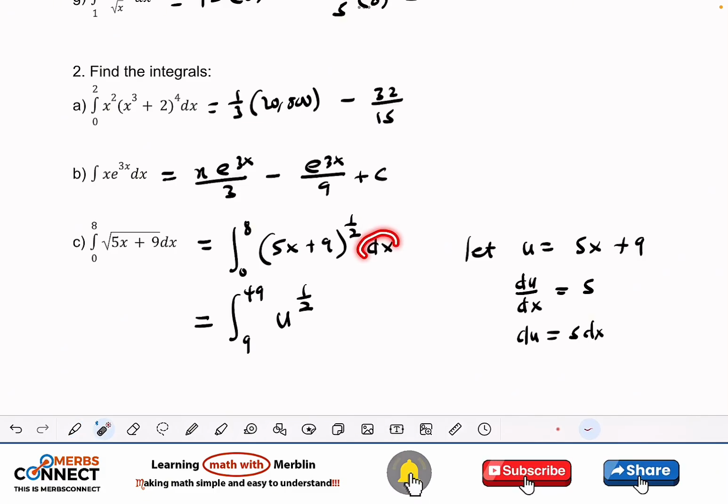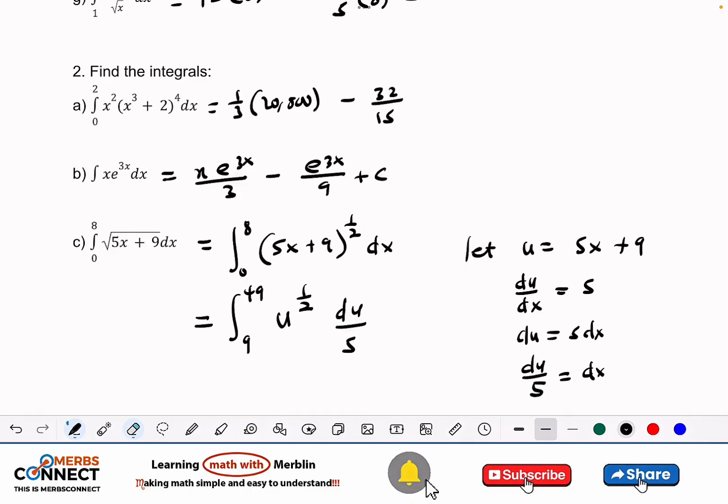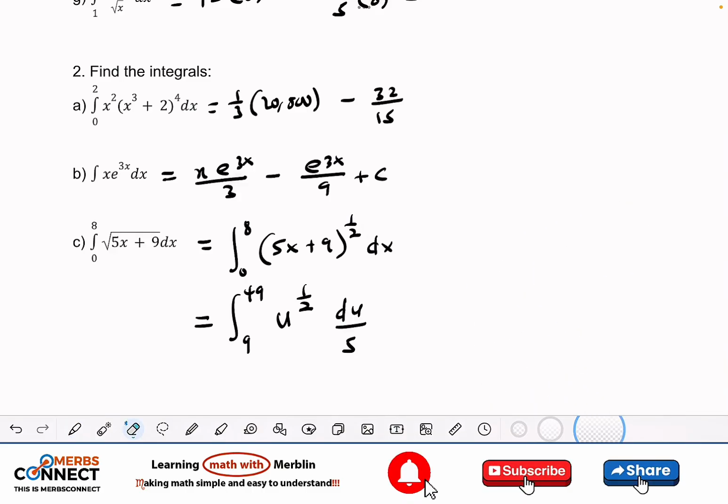Now we are finding only dx, so we divide both sides by 5. So I'm going to have du over 5 equal to dx. So in place of dx, we are going to replace it by du over 5. Interesting. A lot of work. Good. Now we are done with the hard work.